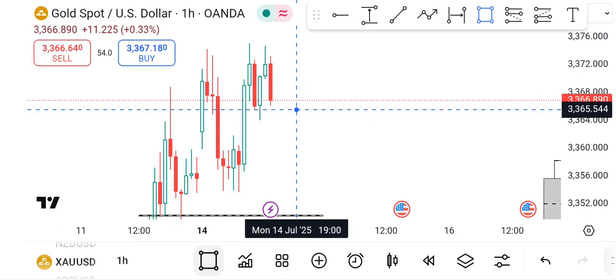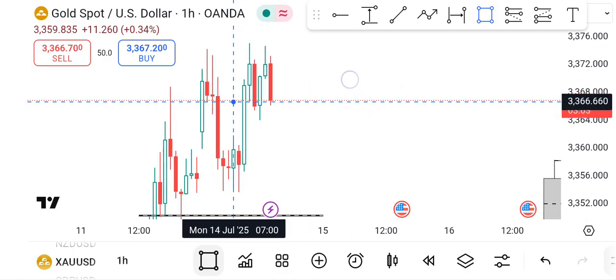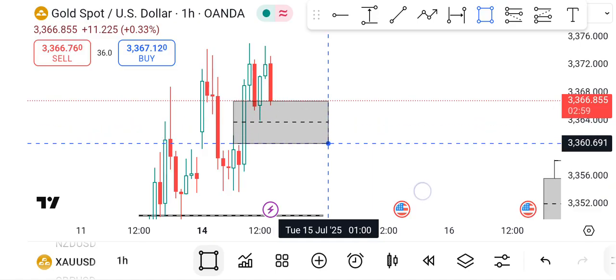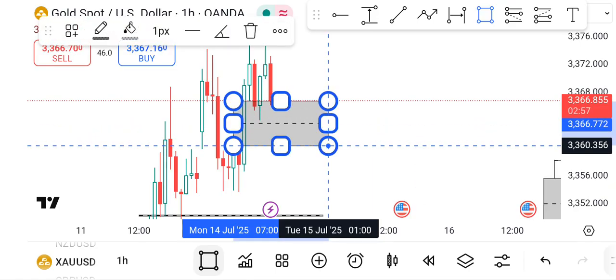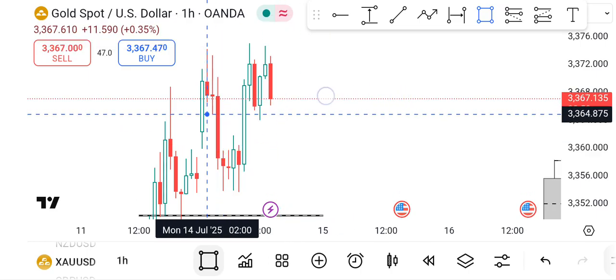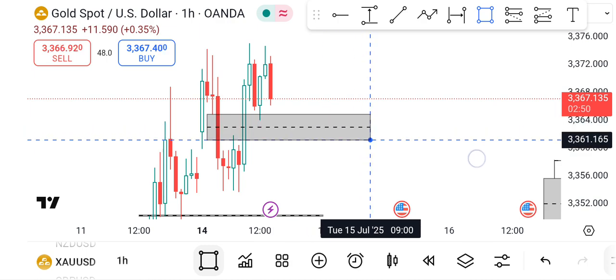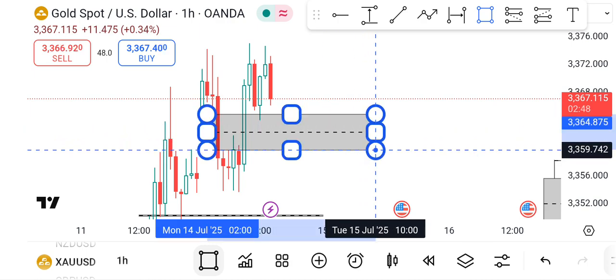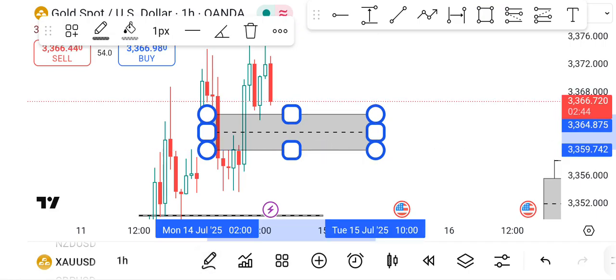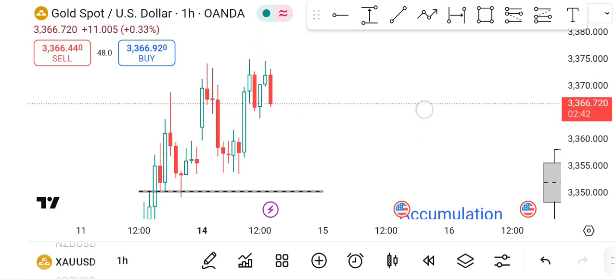You can see we had a fair value gap here, and there, and another here, and another there, that supported the CRT formation.